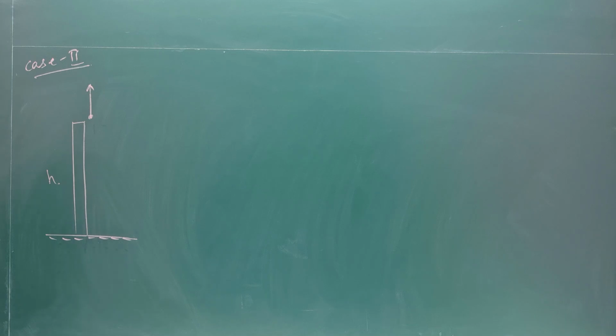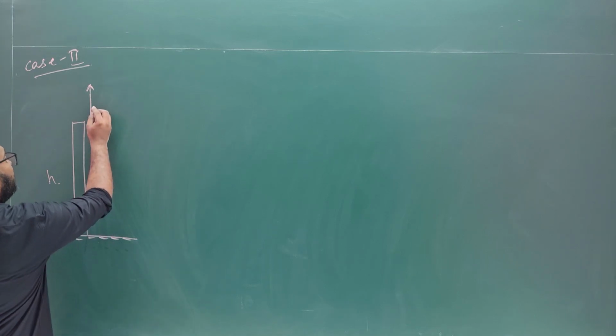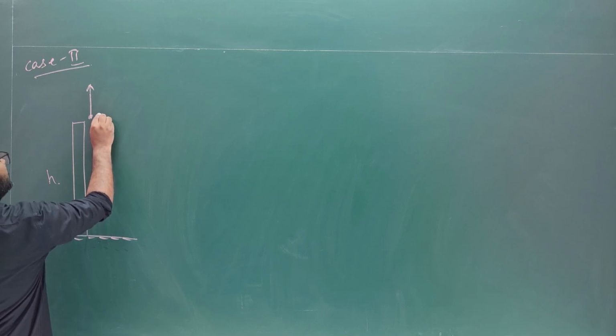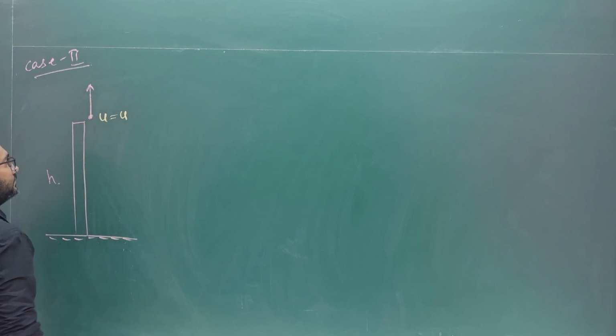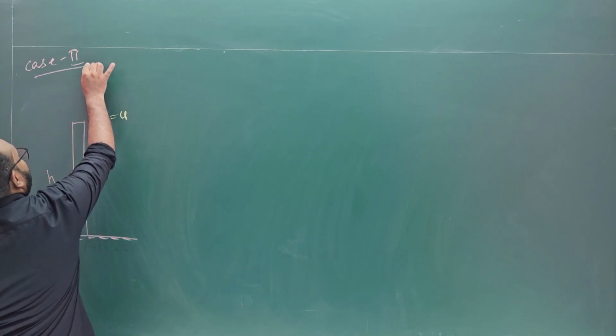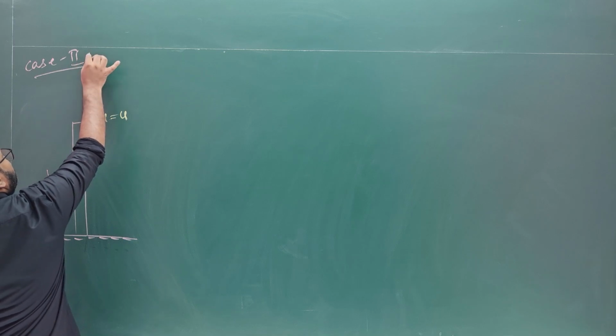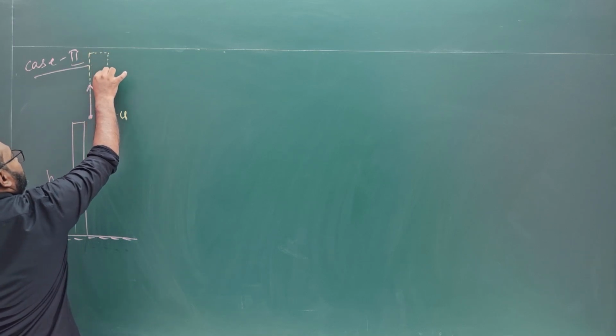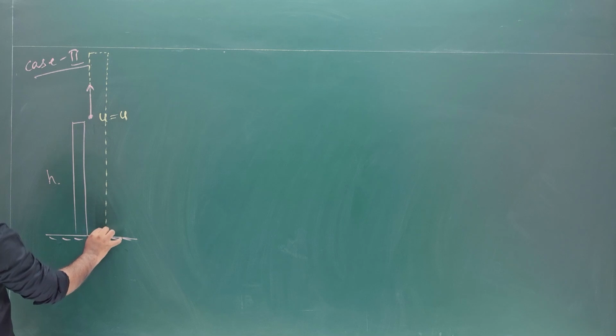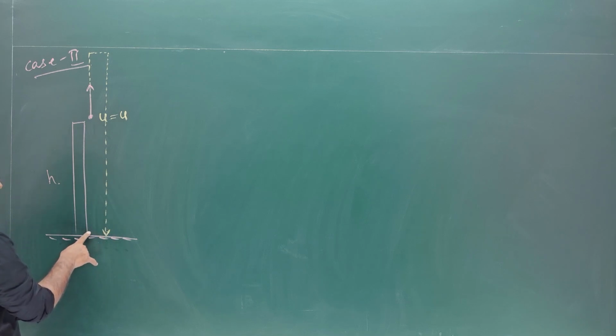Yes, very good. Velocity cannot be 0. That means it requires some initial velocity. Let's say u. Initial velocity we considered u. Height is there. This object will go in the upward direction. Consider this object reached this point, and again it fell back on the ground. The object falls here only.